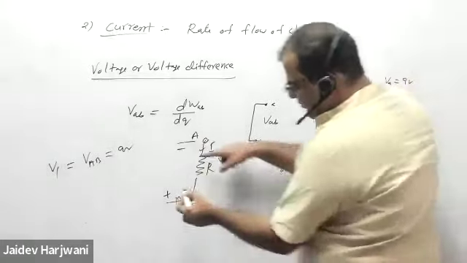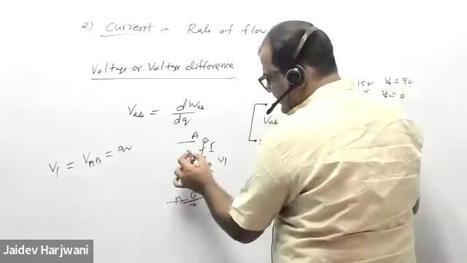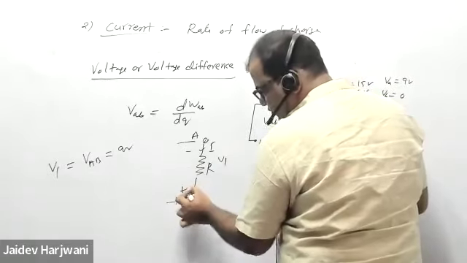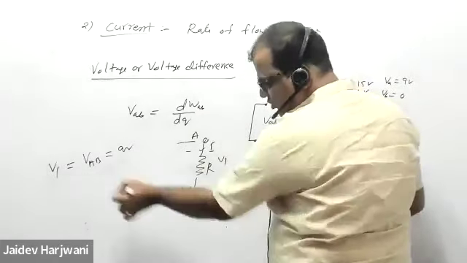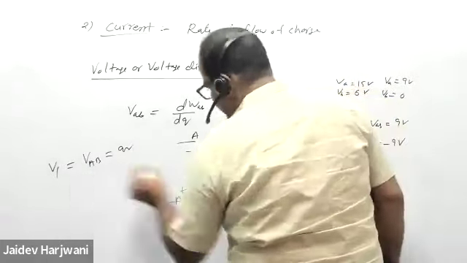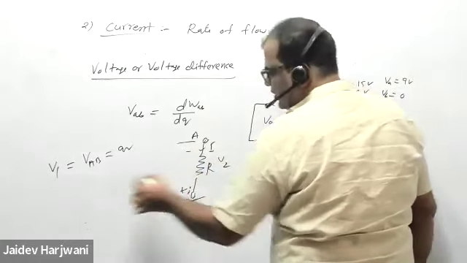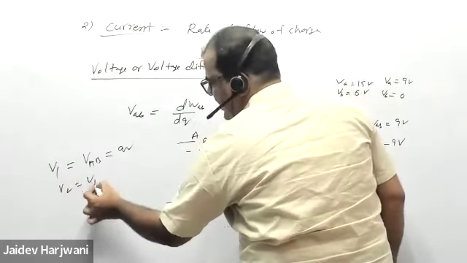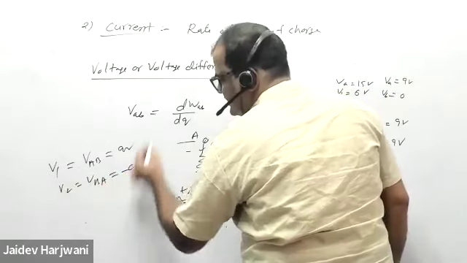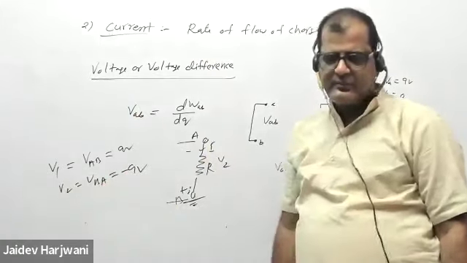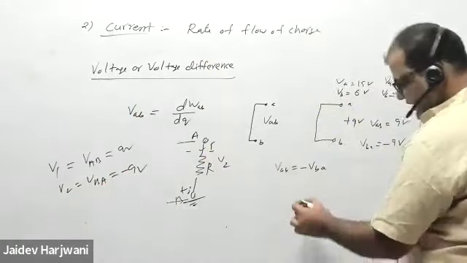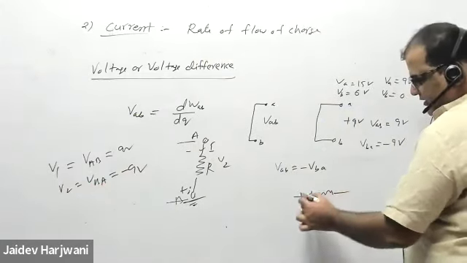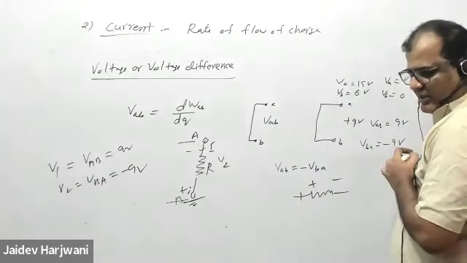Now if I put a voltmeter here, that means I'm measuring the voltage of this point, and now I'm measuring V2. So V2 will be your VBA, and this will be minus 9 volt.